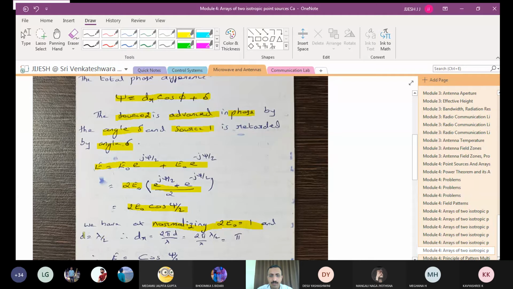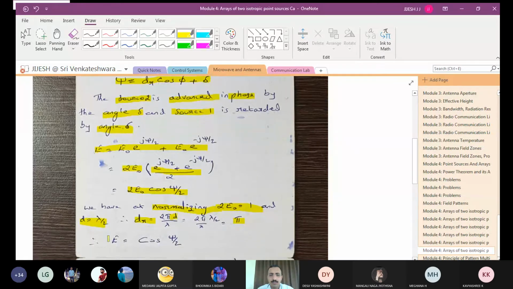I substitute D in the equation dr is equal to 2 pi D by lambda, so dr I will get as pi. I have the equation for psi as dr cos phi plus delta. Let me substitute all these in the equation for E, that is 2 E naught cos of psi by 2. So I will end up with the equation E is equal to cos psi by 2.